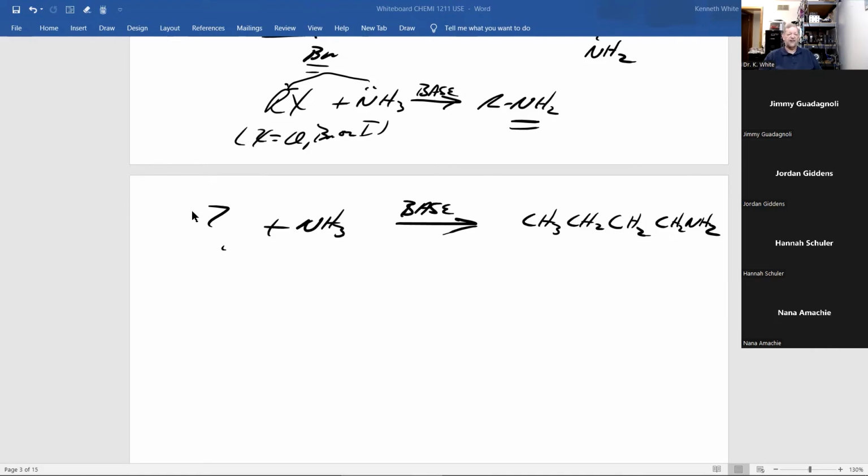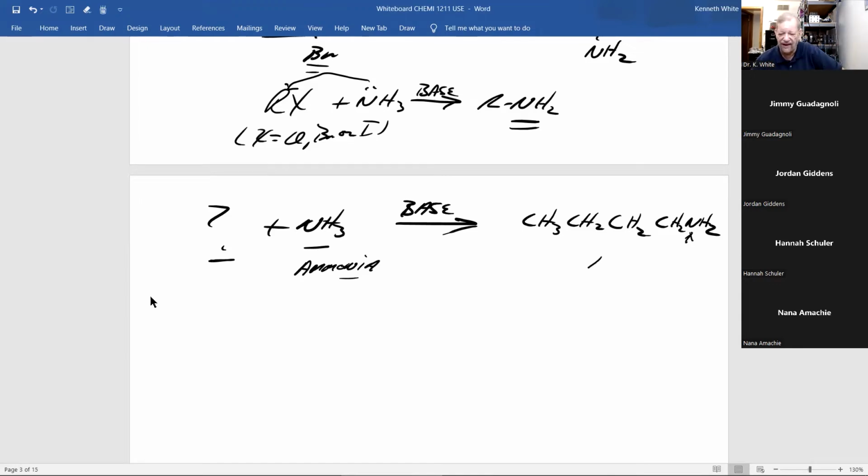All right, I think everybody's done, so I'm going to get to work. If we want to figure out what is the starting material that reacts with NH3, ammonia, in base to make this, we look at what's different. Ooh, nitrogen. Remember, what's not carbon, what's not hydrogen should get your attention like that.